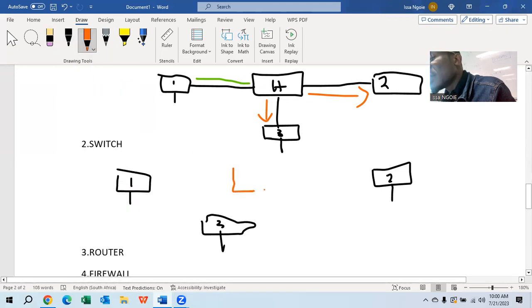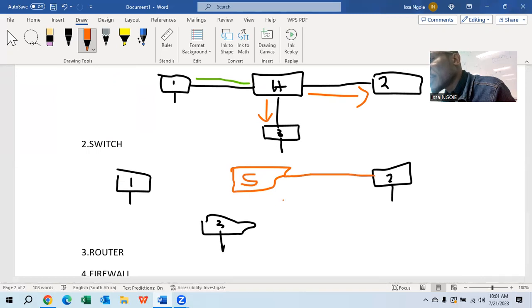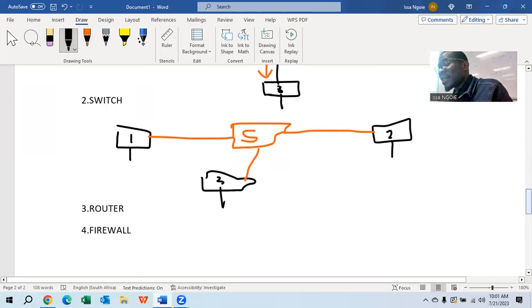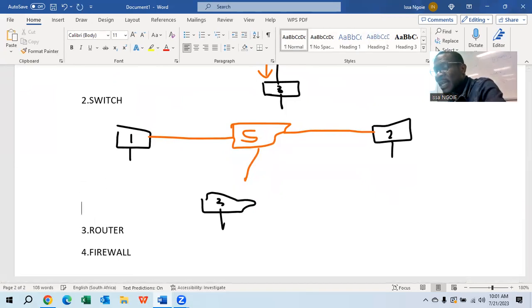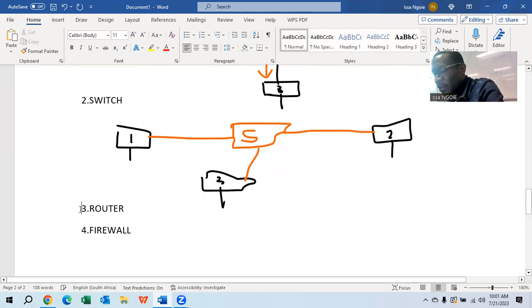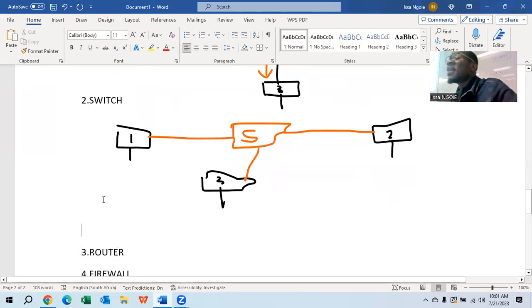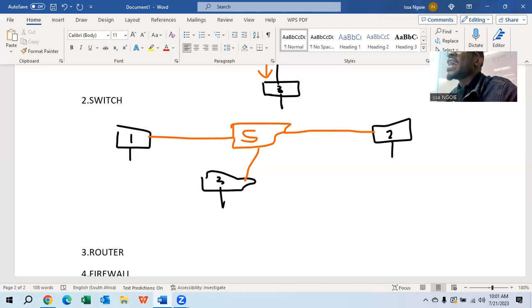Now, my switch here, this is my switch, right? When we are talking about switches, guys, always keep in your mind that we do have layer 2 and layer 3 switches.